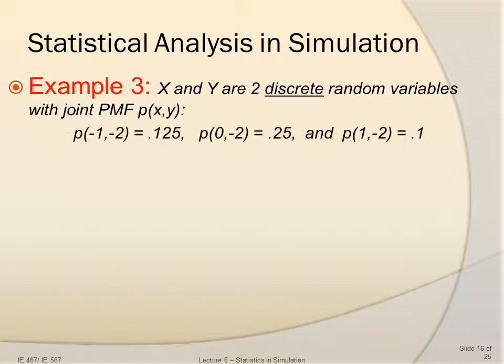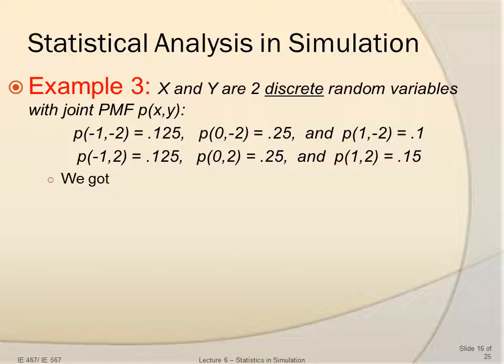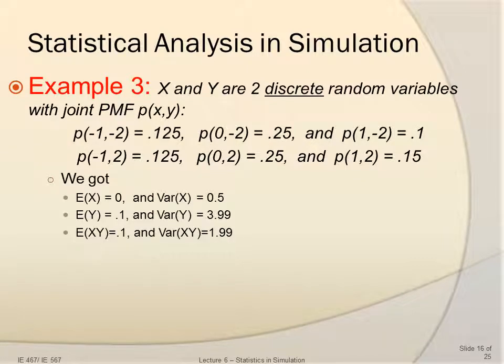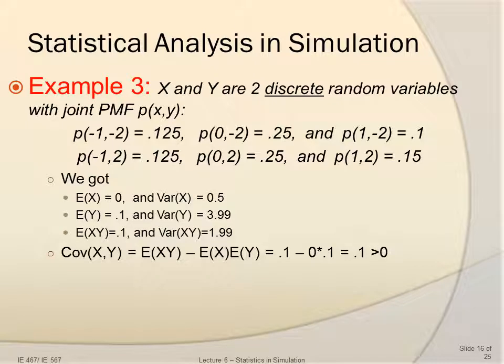Now we've got all the information that we need in order to compute the covariance and correlation. So these are the values for the expectations and the variances of variables x, y, and xy. And we can use them in the covariance formula of x and y. So notice when we plug in the respective expectations, we get 0.1 at the end, which is more than 0.